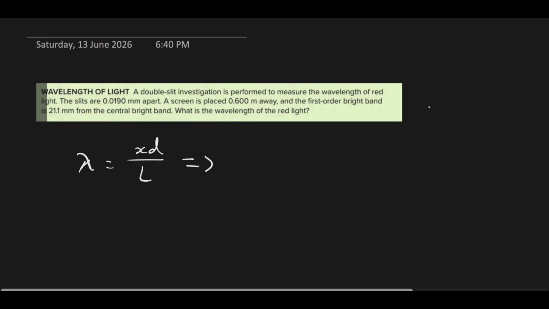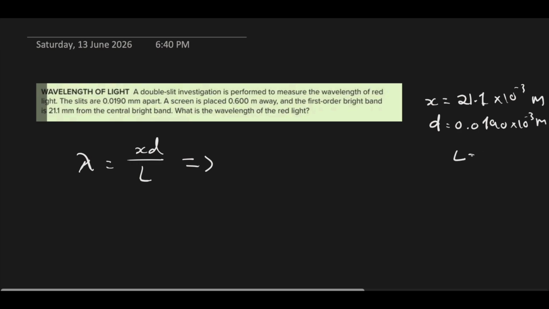In order to solve this question, let's write the knowns. x, which represents the distance between each consecutive band, is 21.1 millimeters, so 21.1 times 10 to the power of negative 3 meters. Then we have d, which is 0.0190, the distance between the slits, times 10 to the power of negative 3 again, since it's in millimeters.